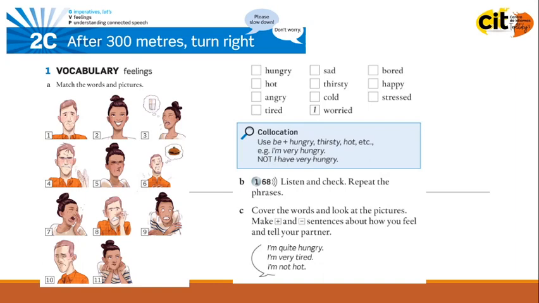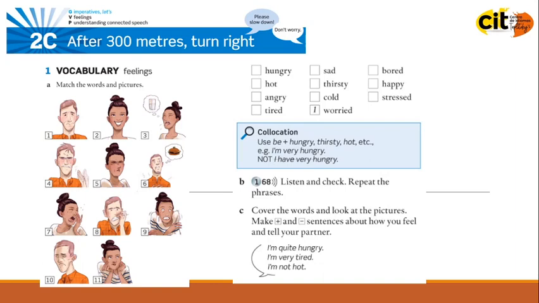So you have hungry, hot, angry, tired, sad, thirsty, cold, worried, bored, happy, and stressed, okay? Those are the feelings that you have to match with the correct picture, okay? And you have an example. Number 1 is worried, okay?